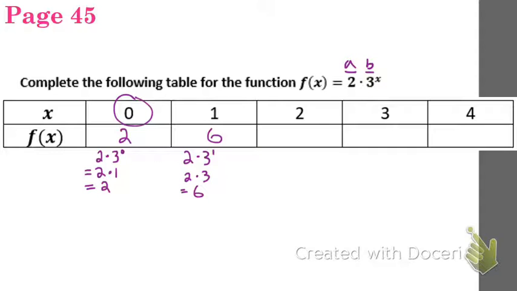Might need to use a calculator for some of the bigger numbers. That's fine. But fill in the rest of this table. I'll give you guys a minute and a half, 2 minutes. So like this one's 2 times 3 to the second, and so on and so forth. All right, so take a couple minutes. Ask anyone any questions if you got some, but fill out the rest of that table.